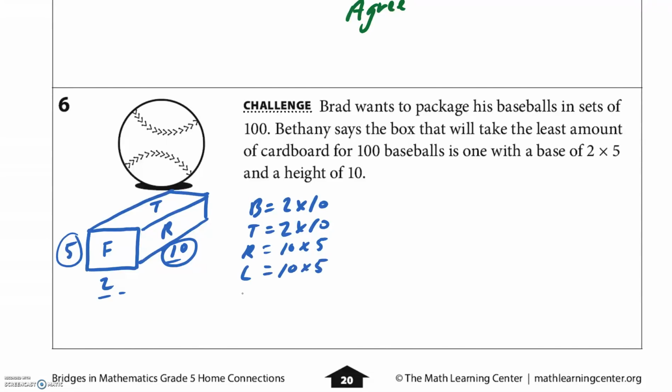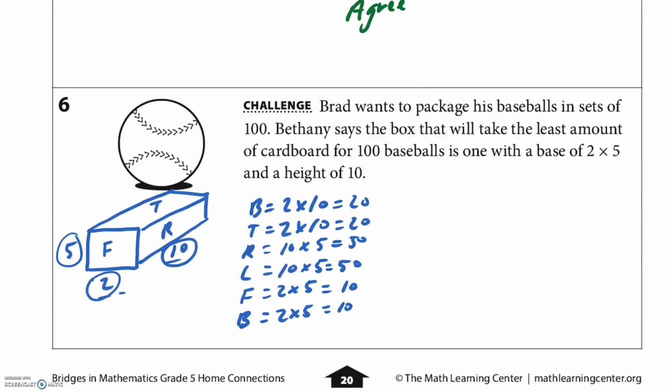And then the front is 2 by 5, and the back is the same as the front, 2 by 5. Okay, 20, 20, 50, 50, 10, and 10. So I see 100, 140, 160 units squared.